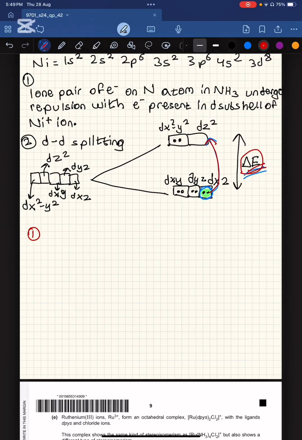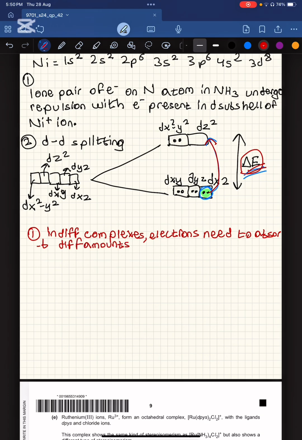First point, in different complexes, electrons need to absorb different amounts of energy each time. Now, they need to absorb different amounts of energy in different complexes, but every single time, whatever the amount of energy they absorb, it will always be equivalent to delta E.